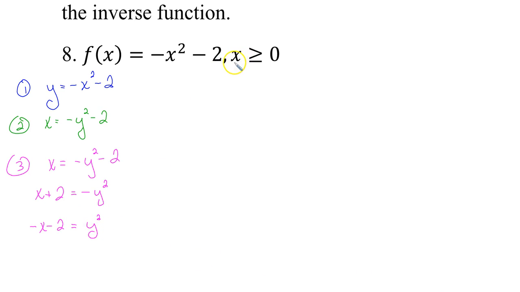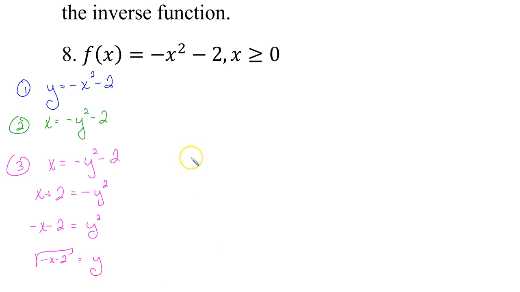Now, because my x values are positive, that means that the range values for my inverse function are also going to be positive. And so rather than having to do the plus or minus, we can just do the positive square root of negative x minus 2 is equal to y.